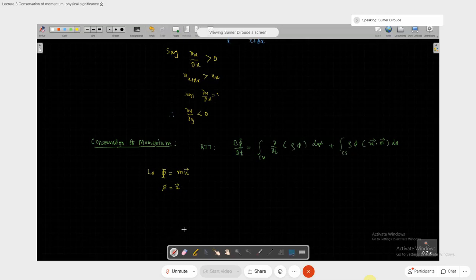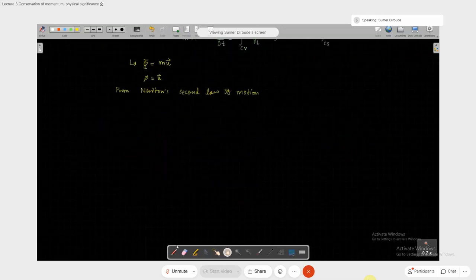And we know from Newton's second law of motion that this D phi by Dt is nothing but equal to a force.